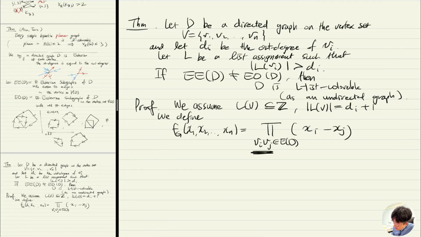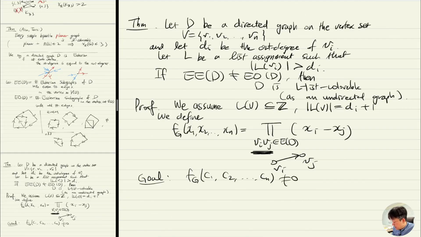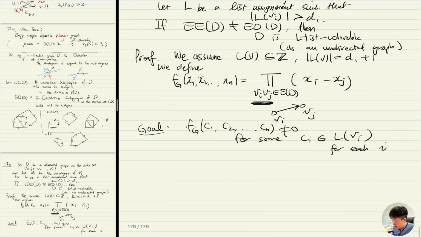So, by the way, this is oriented, right? So whenever Vi is adjacent to Vj, we multiply xi minus xj. The goal is to show that F of G of x1 equals c1, c2, up to cn is non-zero for some choices ci in L of Vi for each i, right?